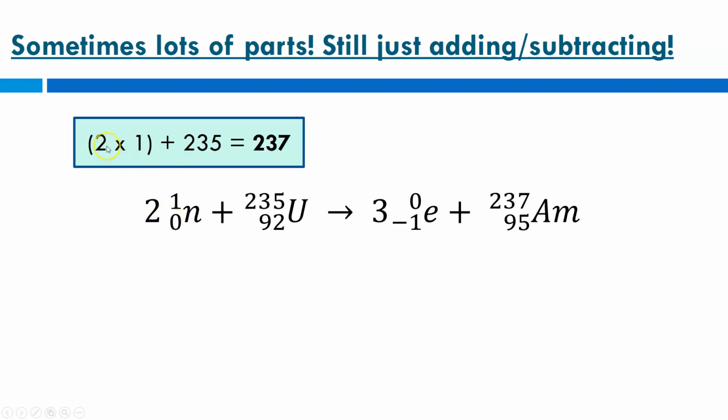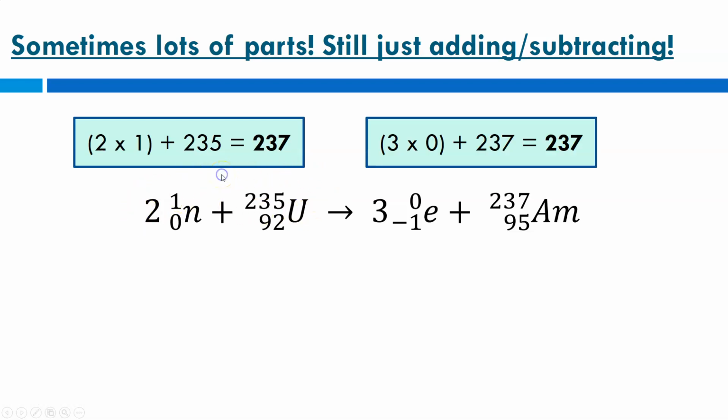So over here, 2 neutrons on top, 2 times 1, plus my uranium mass. So the entire top part over here should equal 237. On this side, well, 3 times 0, that's 0, plus 237. Look, those match, don't they?